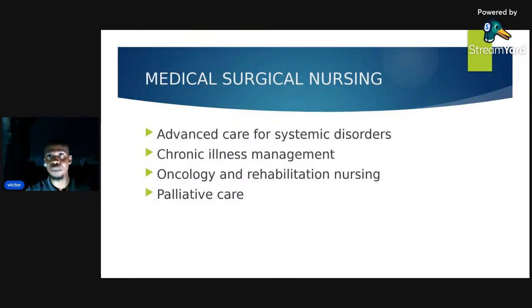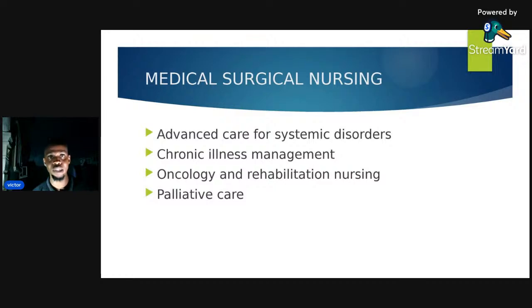But before management, you have to know the pathophysiology of each condition. You have to know the pathophysiology of hypertension. You have to know the pathophysiology of stroke. How this condition manifests, you have to know them. The clinical manifestations, you have to know them before you will be able to care for it.